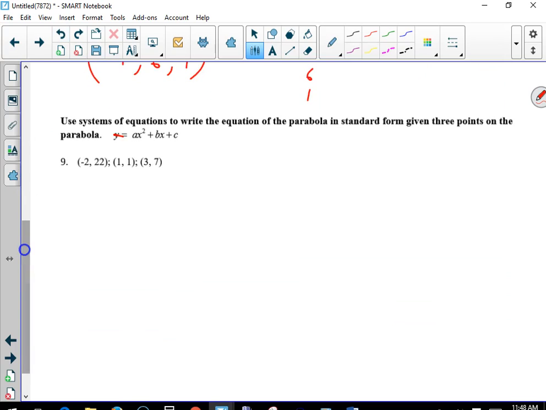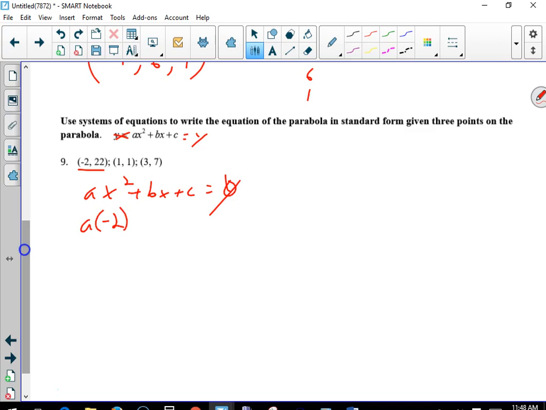Okay, for this one, remember I said rewrite it like this. And start off by writing that first. Ax squared plus bx plus c equals 0. Or in this case, y. Now all we're going to do is fill them in one at a time. So I'm going to put my x in.